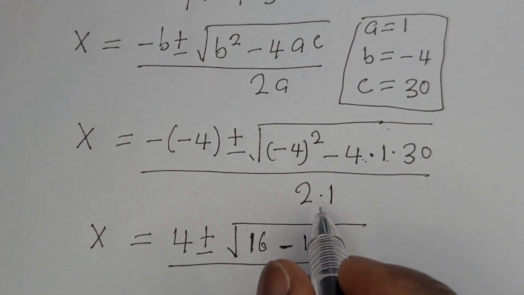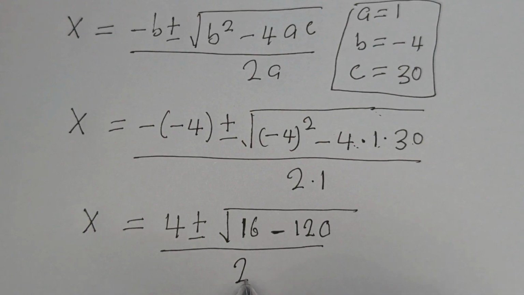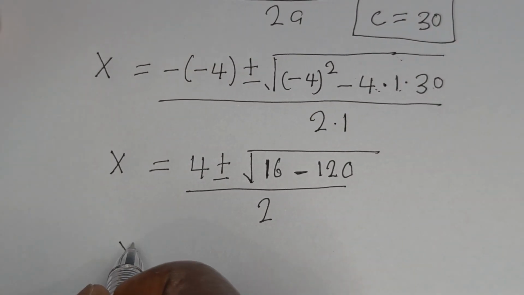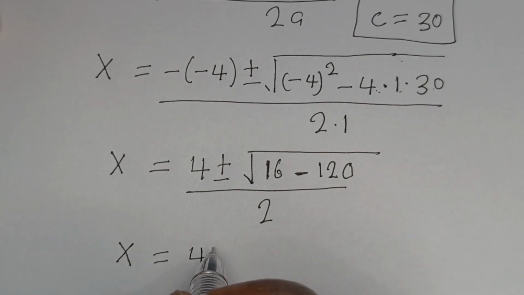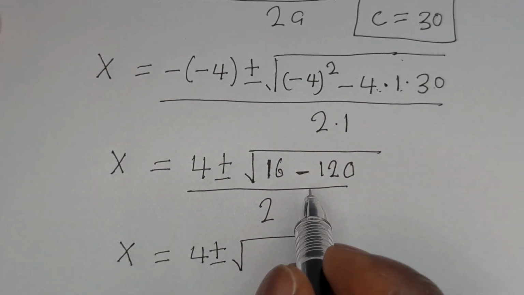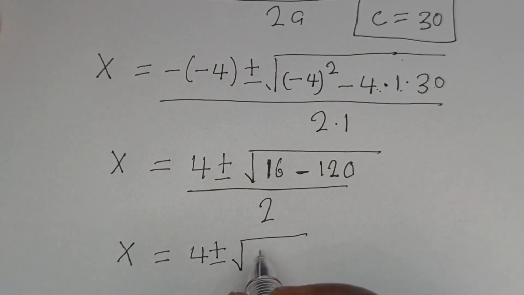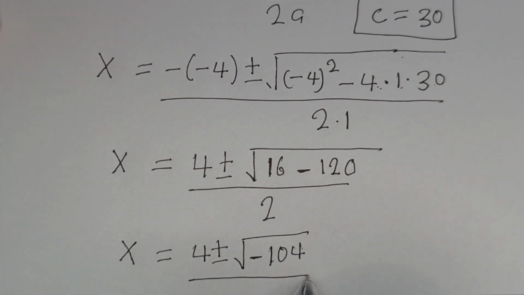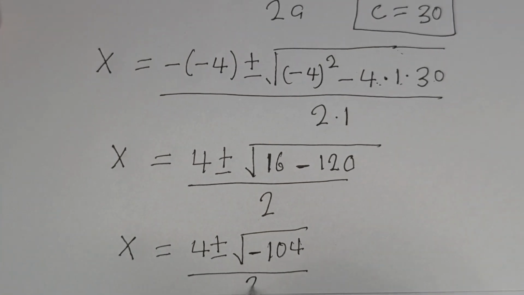Over 2 multiplied by 1, 2. x is equal to 4 plus or minus square root of 16 minus 120. That is minus 104 over 2.